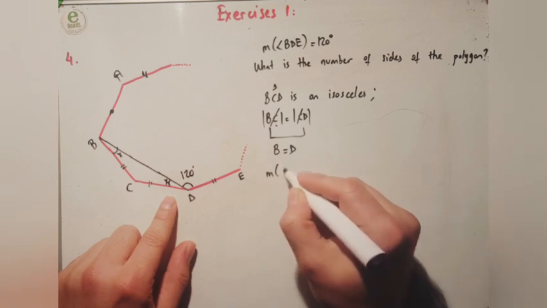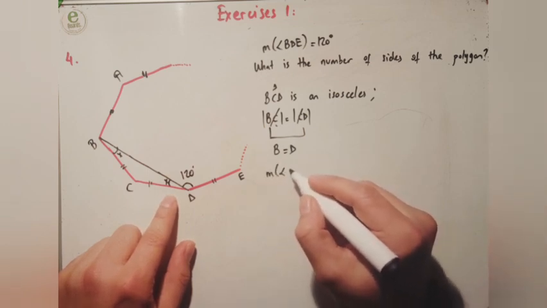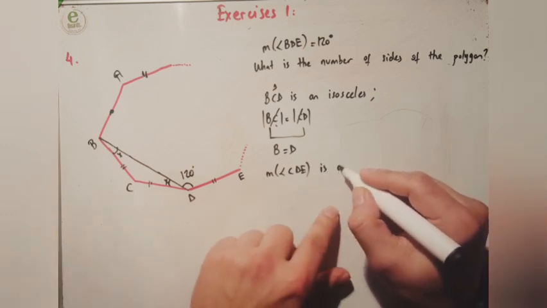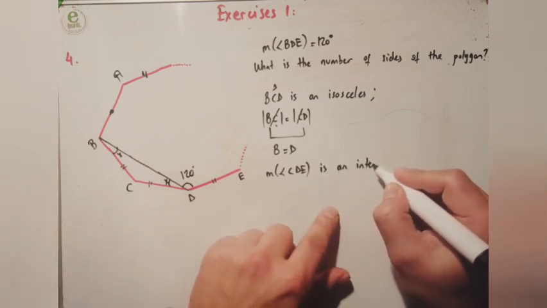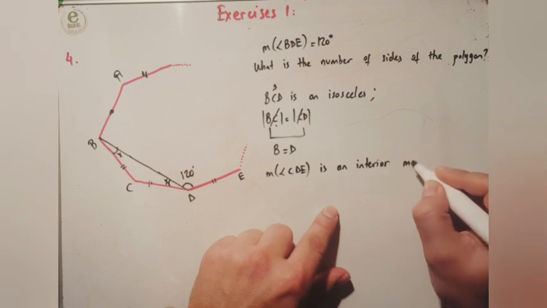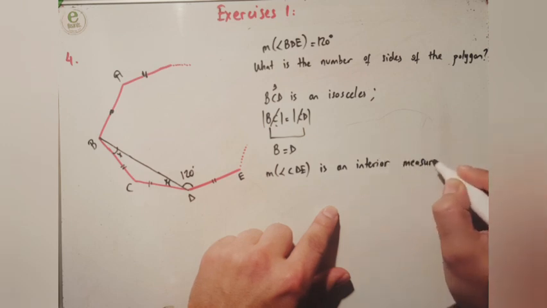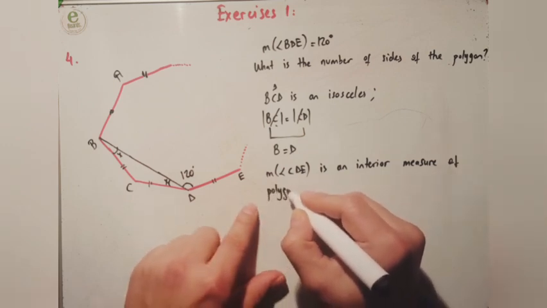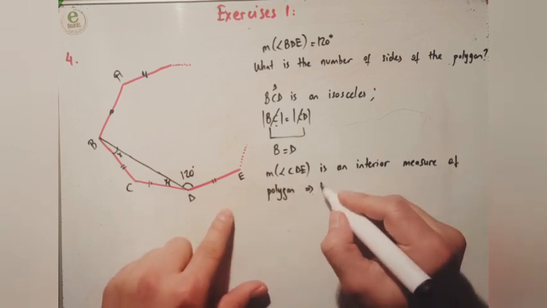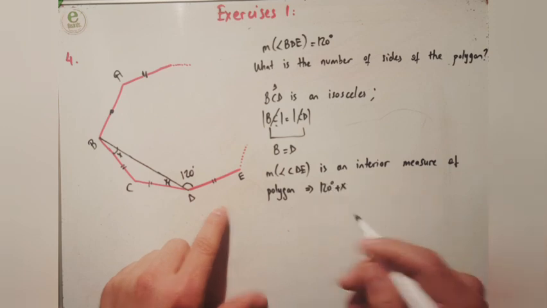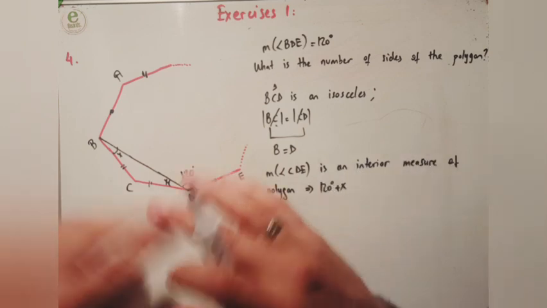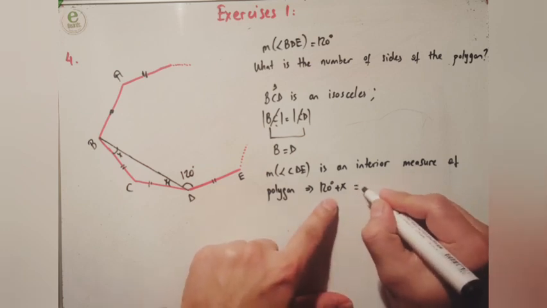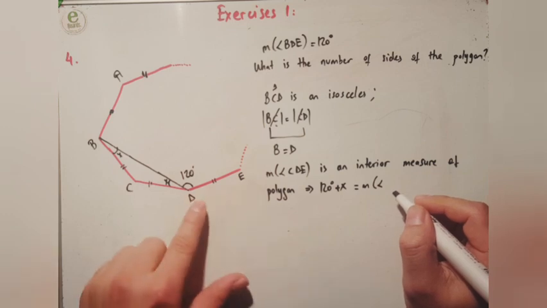The measure of angle CDE is an interior measure of the polygon. It is 120 degrees plus X. We know that in a regular polygon all interior measures are equal, so 120 degrees plus X is equal to the measure of angle DCB.